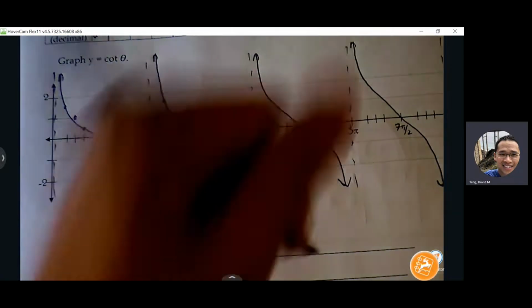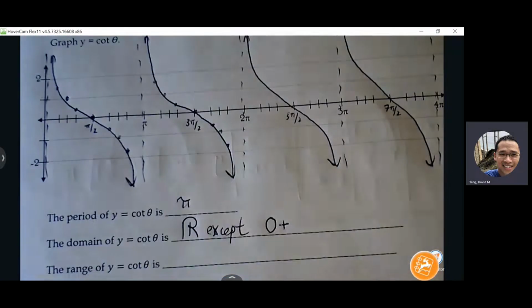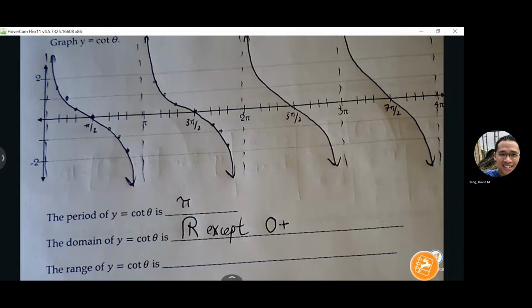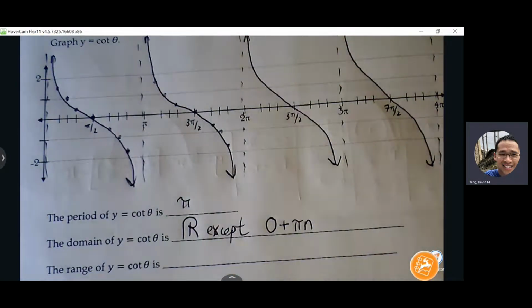So the way you want to say it is, we want to say 0 plus, and how can I reach my next vertical asymptote? Pi, and then I want to include what? Pi n. Yep. So that just indicates, okay, that's going to give me a rule, so I can keep going and find all the other ones if I wanted to. So plus pi n plus 1 pi, 2 pi, 3 pi, 4 pi.